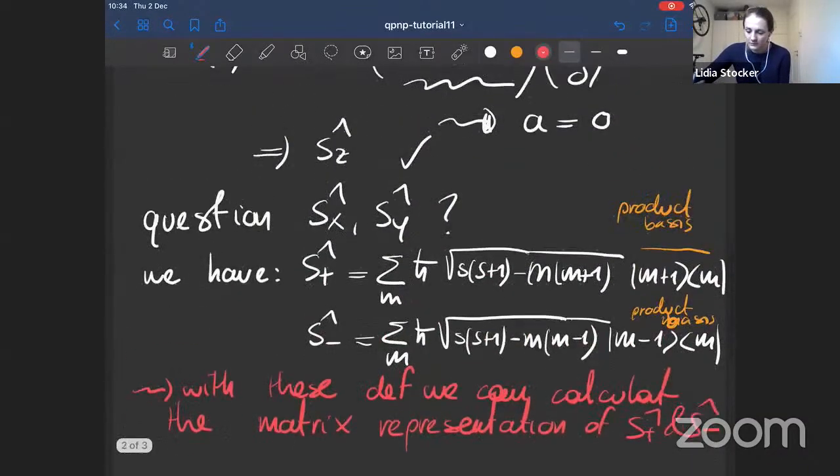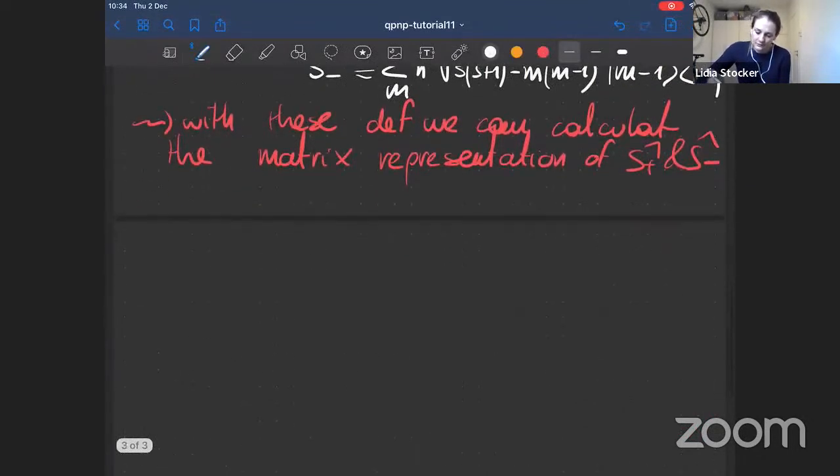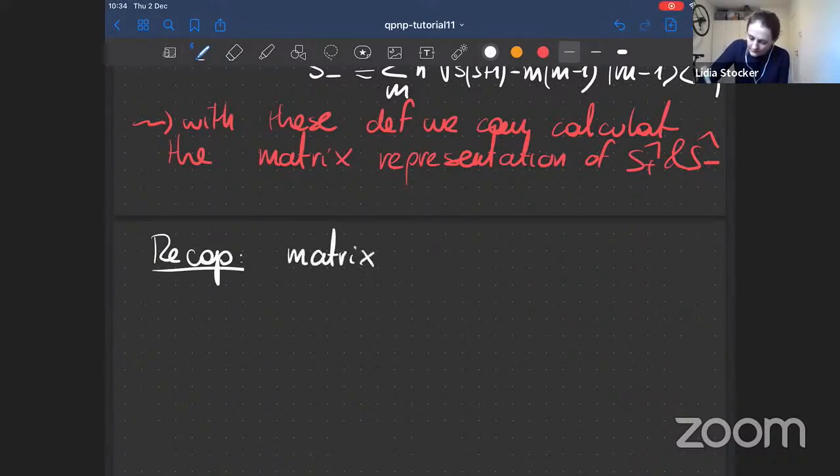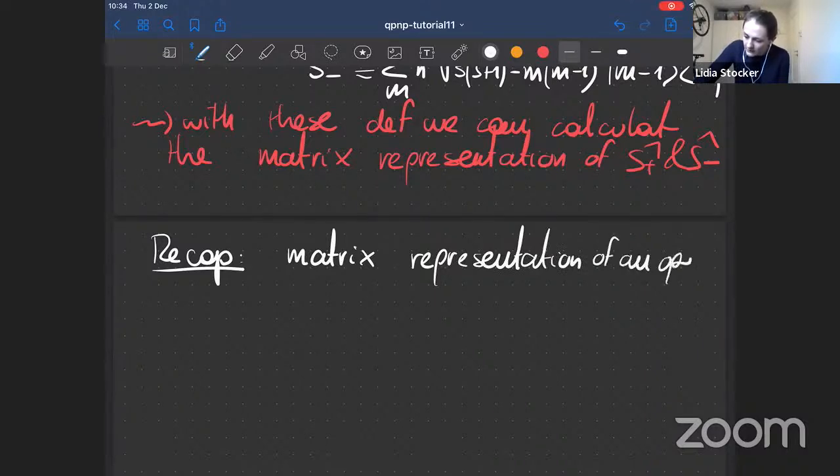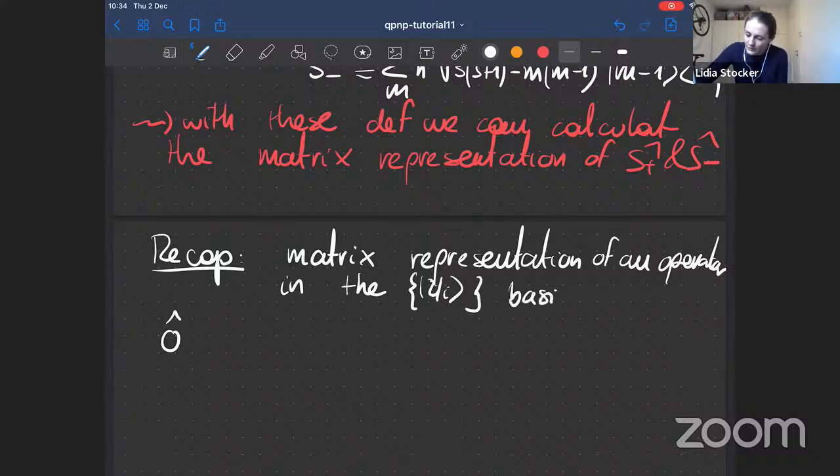And how do I calculate a matrix representation? Quick recap. Matrix representation of an operator. If I have an operator here, in the psi i basis, any matrix representation is with respect to a basis.